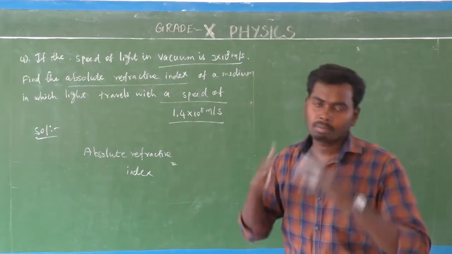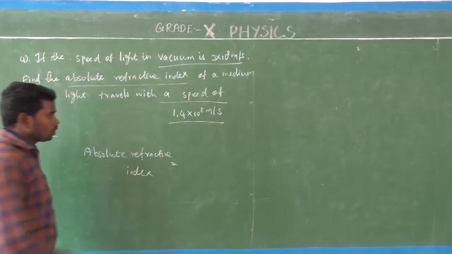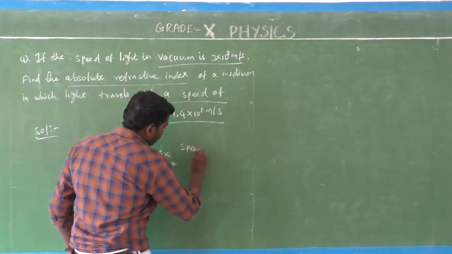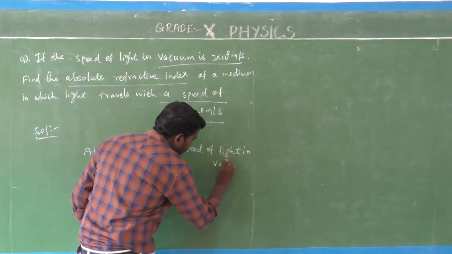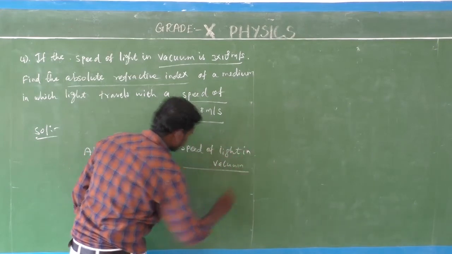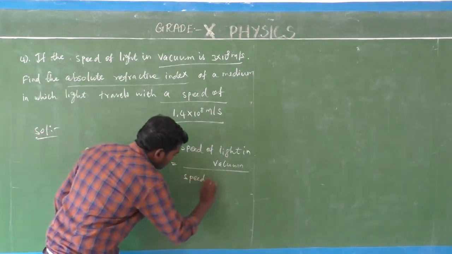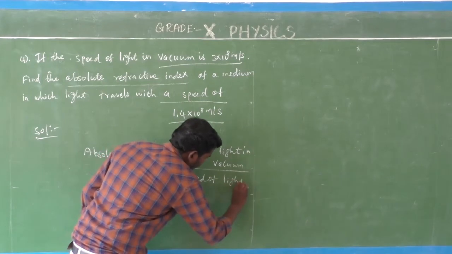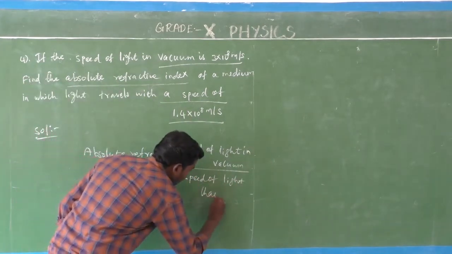So absolute refractive index is equal to the speed of light in vacuum divided by the speed of light in that medium.